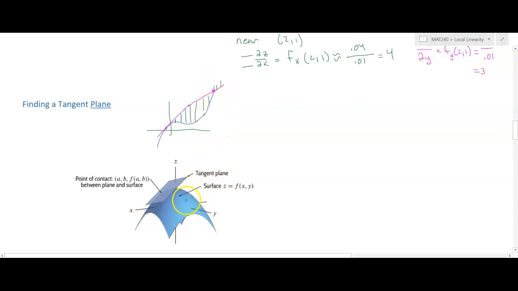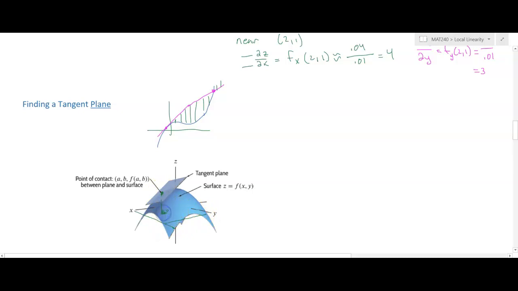With a tangent plane, it's the same principle. We have some sort of point here, and we're going to denote that point by the location A, comma, B. Inside of this xy plane here, there's this point down here, which is just the projection of this point.